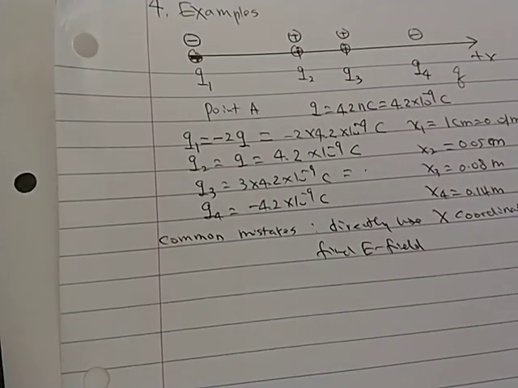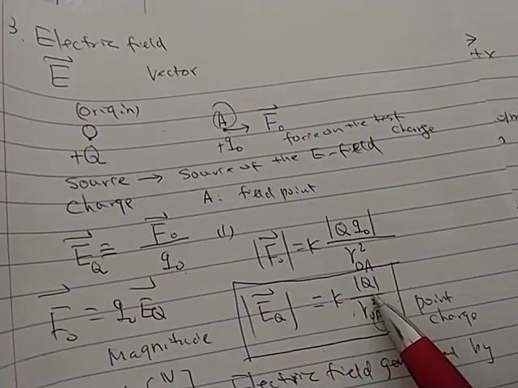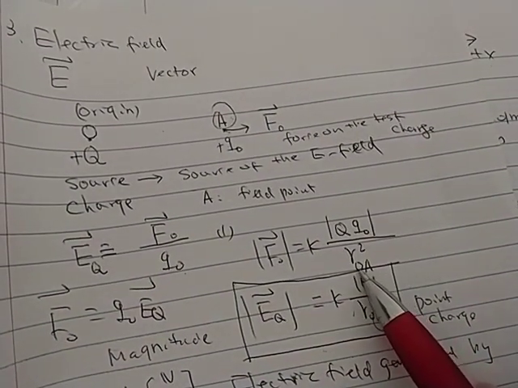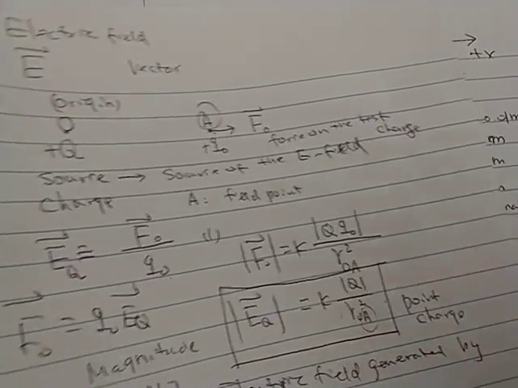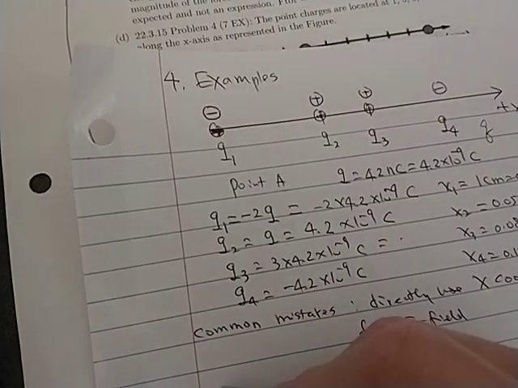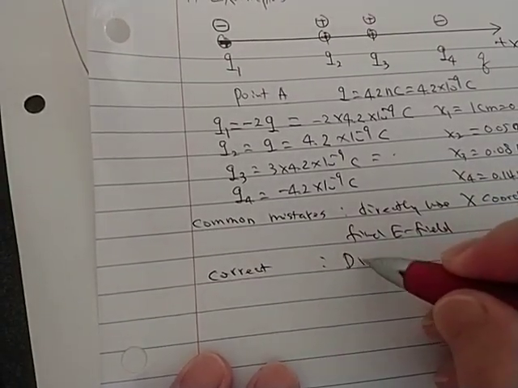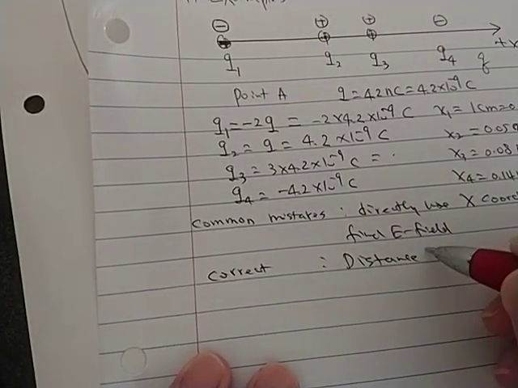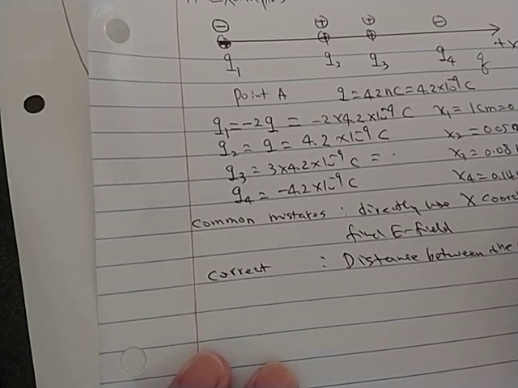What we learned here is that this particular R is the distance between where the source charge is located and where the field point is situated. What we're looking for, the correct one, should be the distance between the charge you are interested in and the field point.